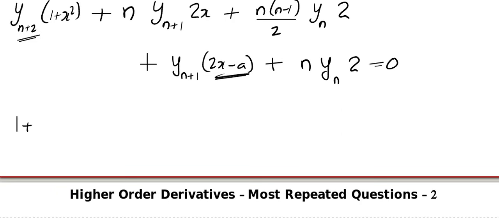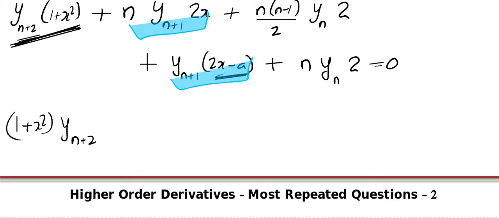So there we have 1 plus x square into yn plus 2, and the next thing is yn plus 1. So let's take yn plus 1 common. You can see the remaining part is 2nx, and here you can see that 2x minus a.